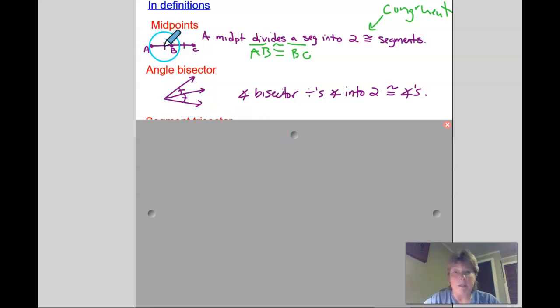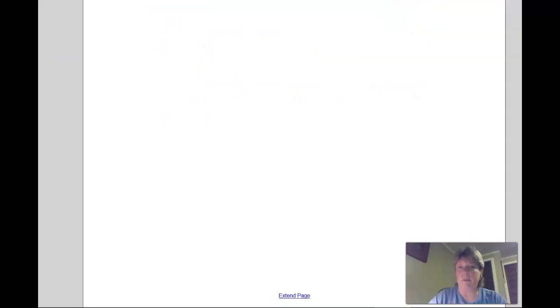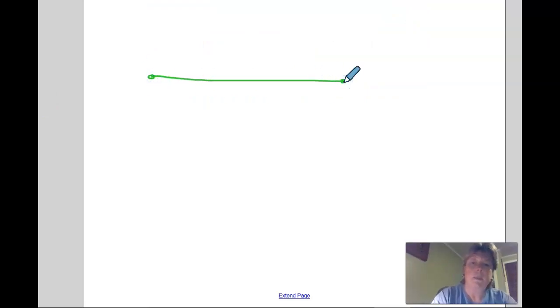By the way, we mark segments congruent by this symbol, or really, you have to mark them with the same symbol. If I wanted to mark two segments congruent in a picture, I could do this, and say that is congruent to that.